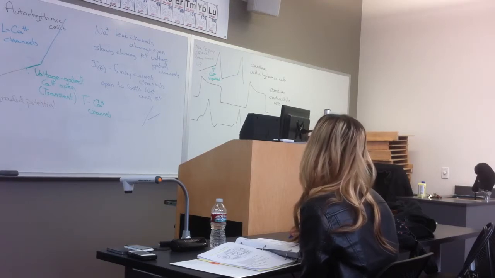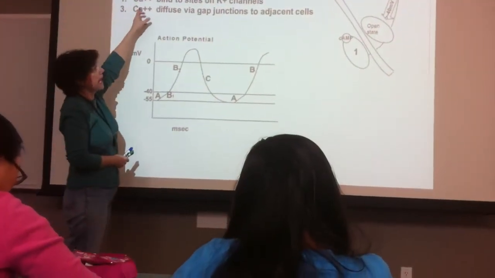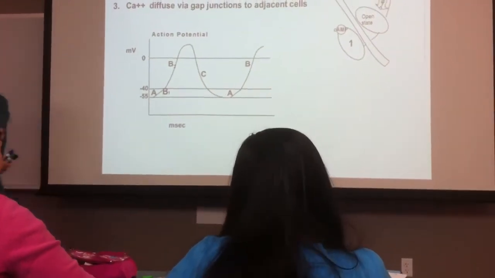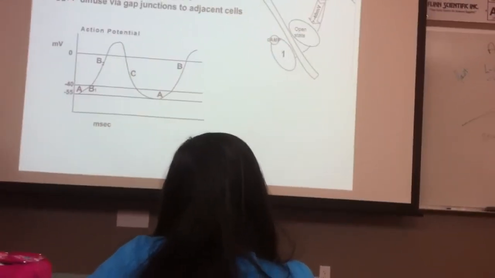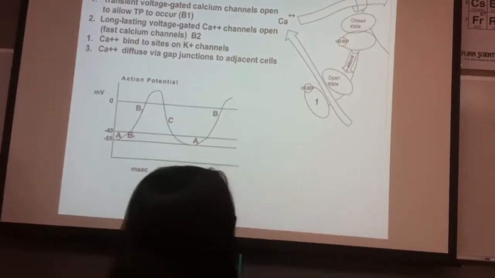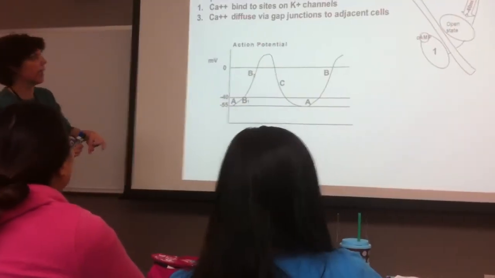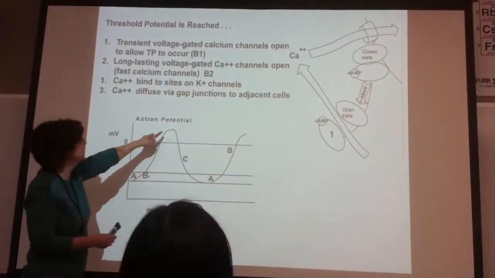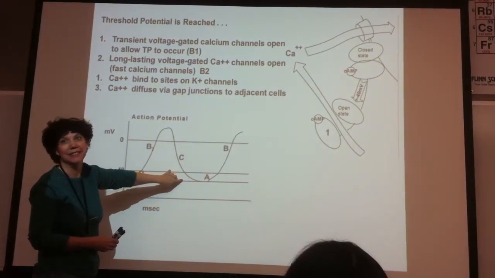So as calcium comes into the cell from extracellular fluid, it binds to potassium channels, and that causes the potassium channels to open. Okay? Voltage-gated potassium channels will open. And what is that going to result in? Repolarization.